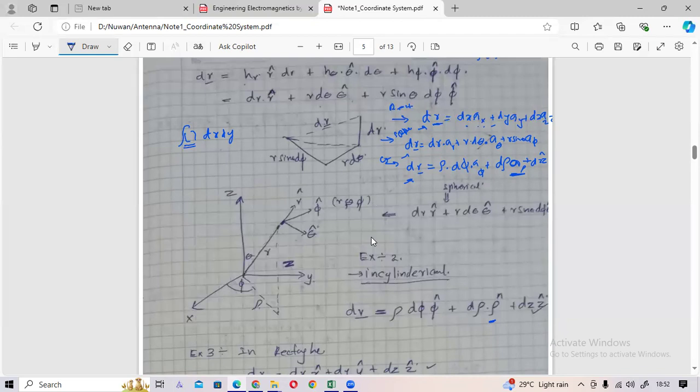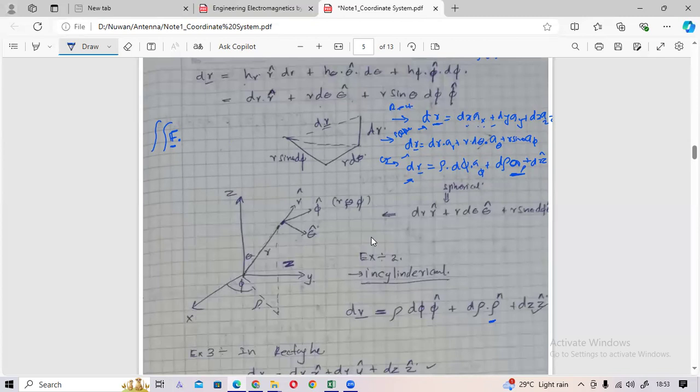If the surface charge distribution is given as a function, this function will be a vector, and it can be integrated with respect to x, y, or z according to the application.